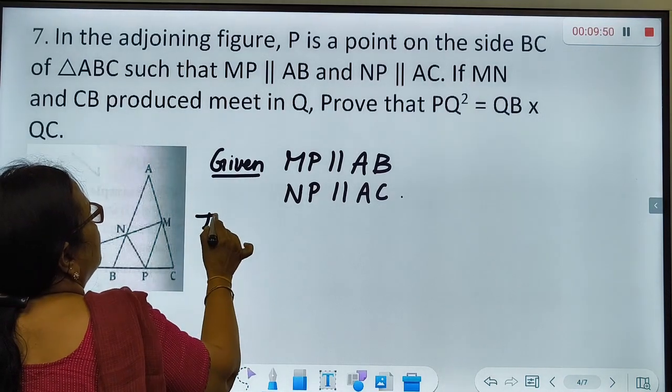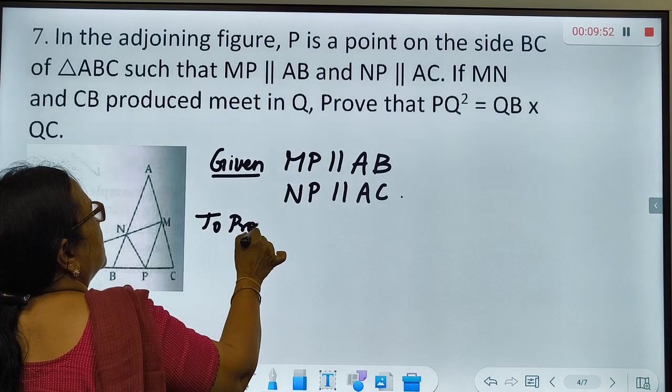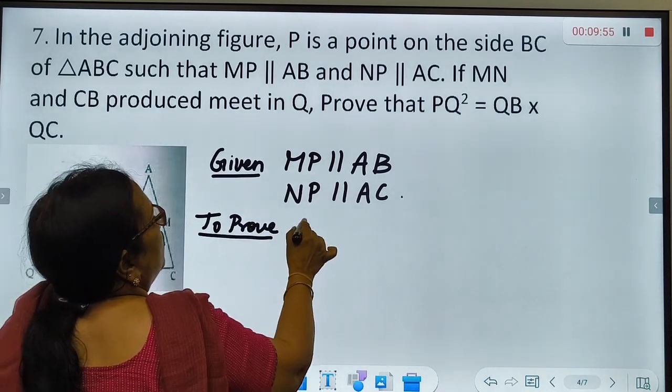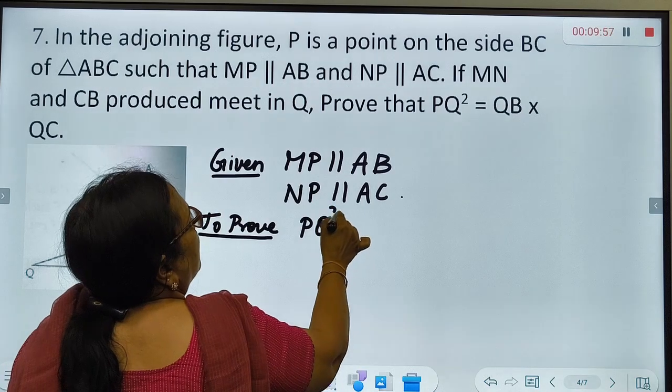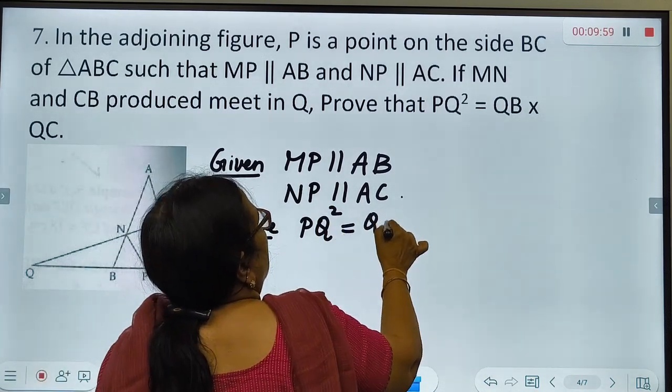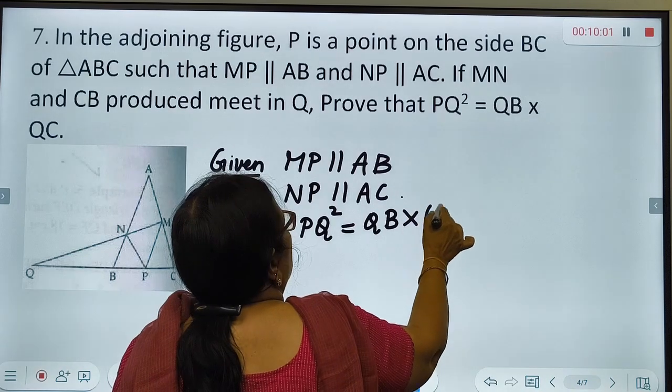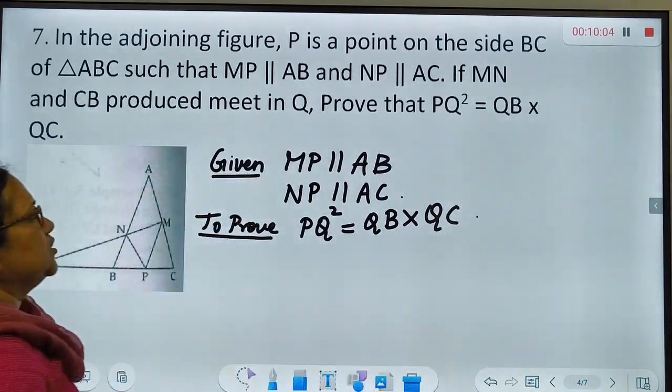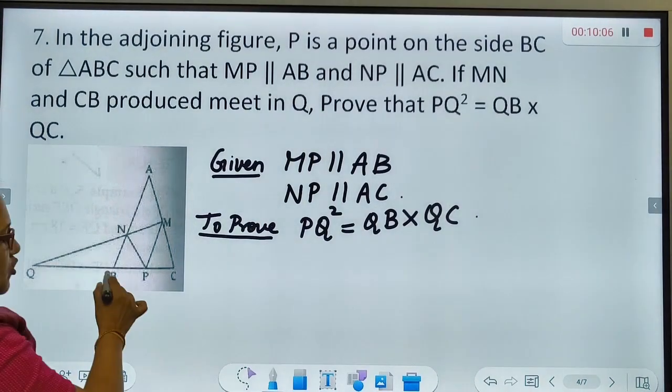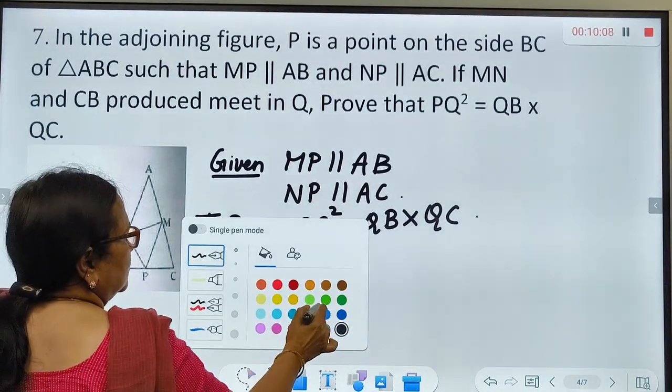What is it that you need to prove? You have to prove PQ square is equal to QB into QC. So this is what is given and this is what you have to prove. This is the figure.